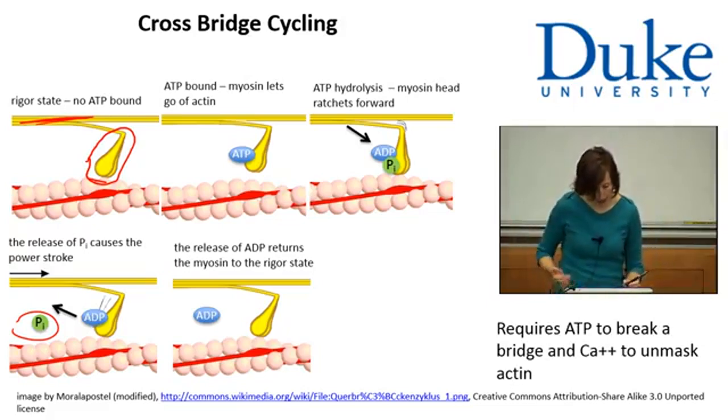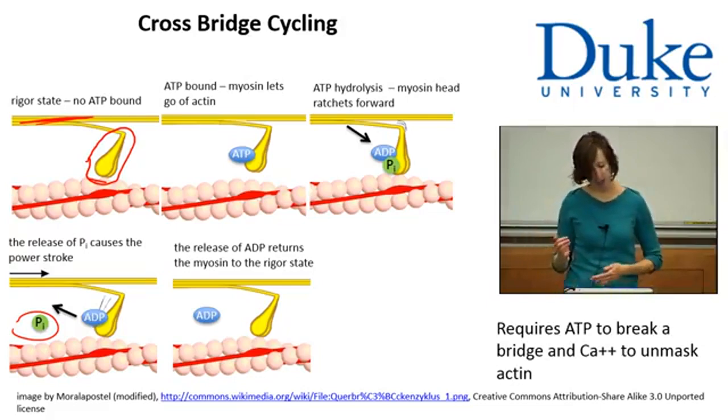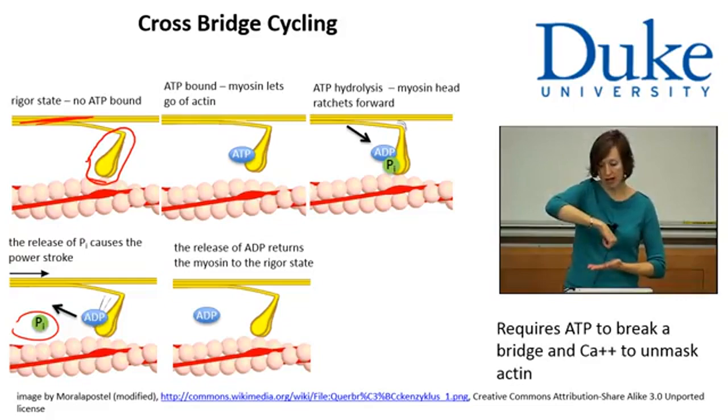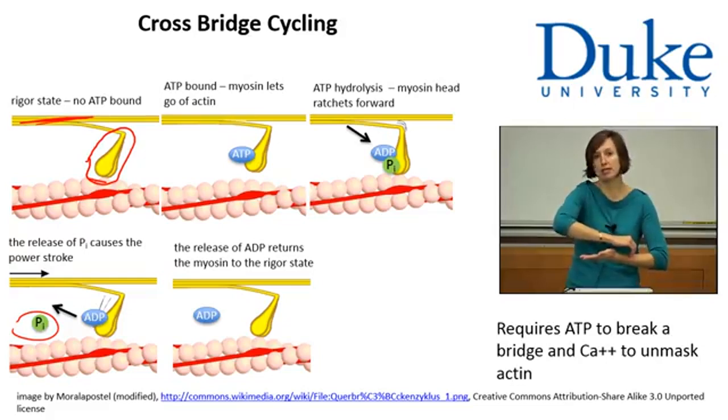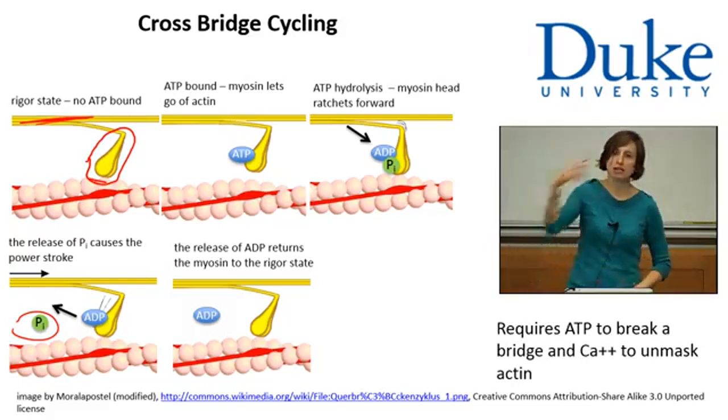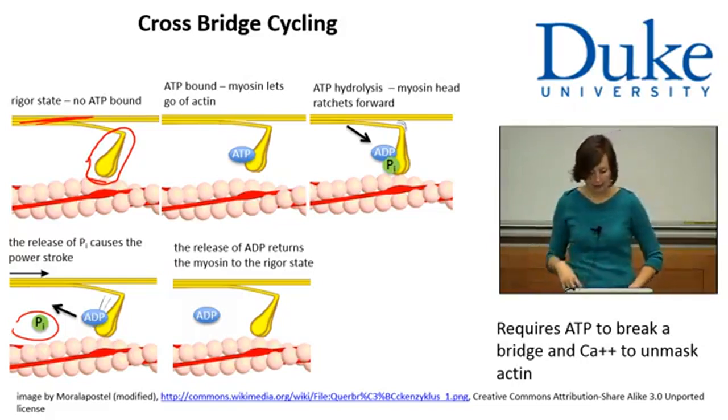Then ADP will be released and we'll be back to the rigor state. So it's a matter of being bound in the rigor state, binding ATP and having the myosin head let go, then having ATP hydrolysis, so we have a ratcheting closer to the Z line, and then having the inorganic phosphate be released so that we have the power stroke. Now the myosin is that much closer to the Z line, and the cycle will continue and continue.